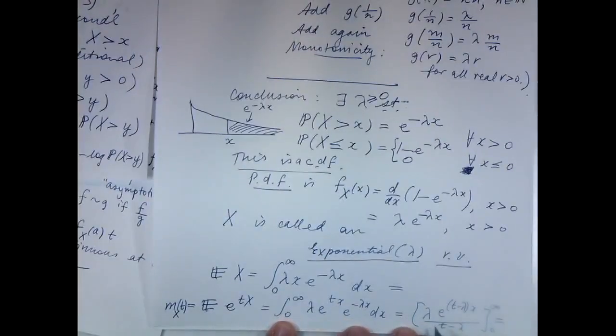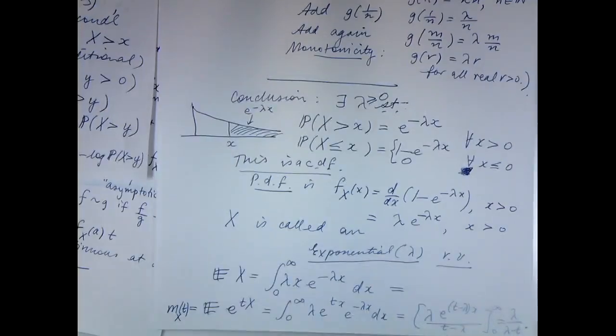I would get lambda e to the (t minus lambda)x over t minus lambda. Well, I think it's just lambda over lambda minus t, isn't it? Okay, so a very, very simple MGF.